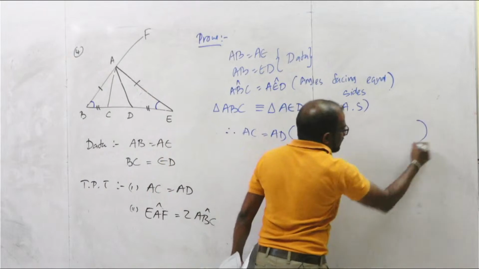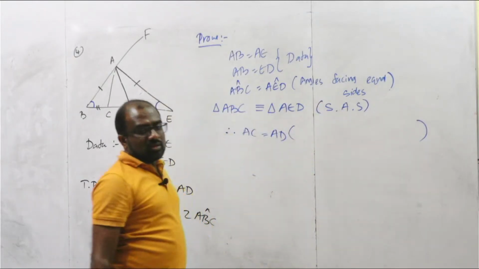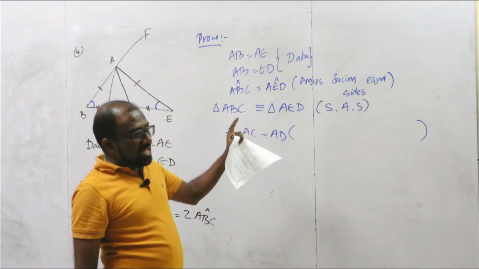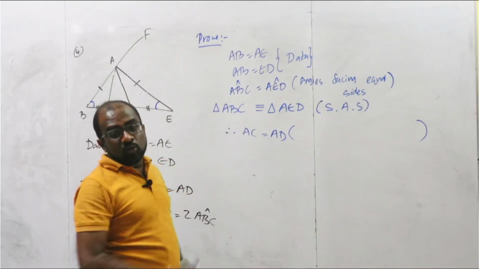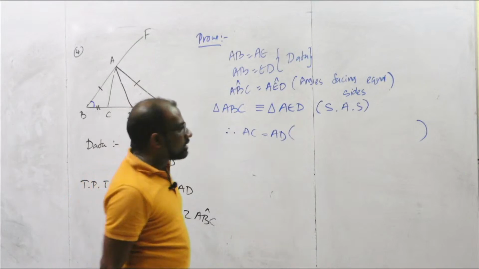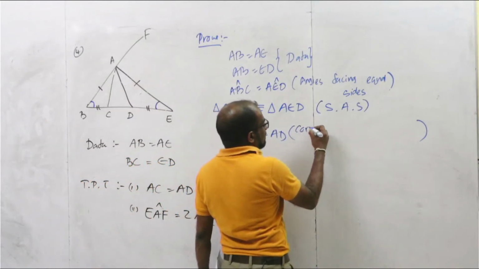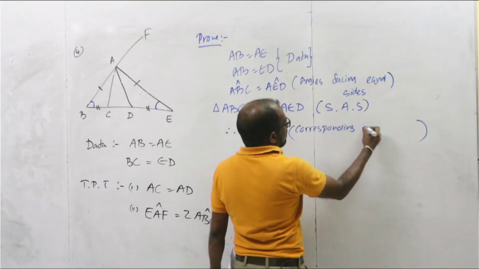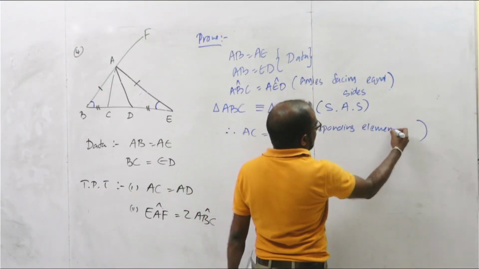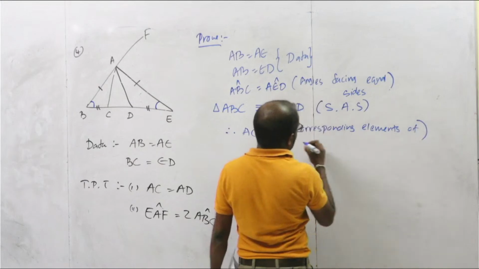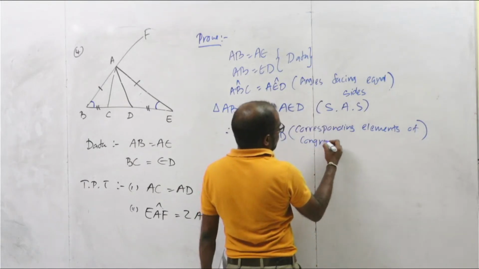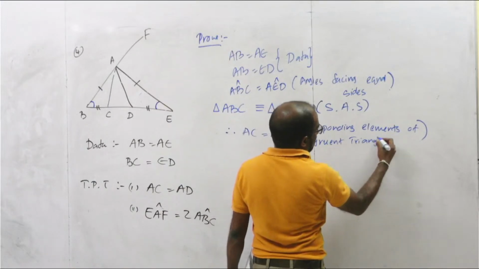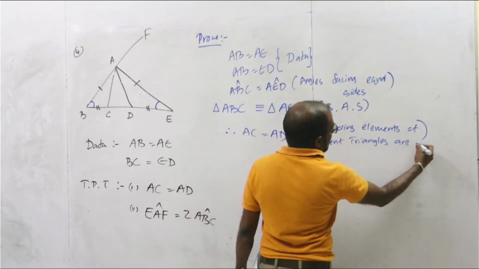This is a theorem from the theory class, a very prominent sentence in all level exams in geometry: corresponding elements of congruent triangles are equal.